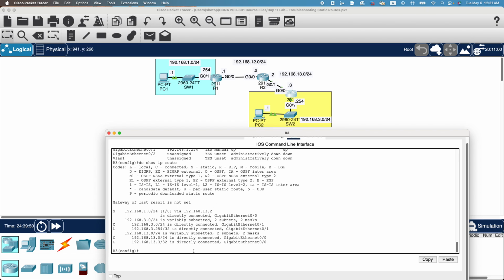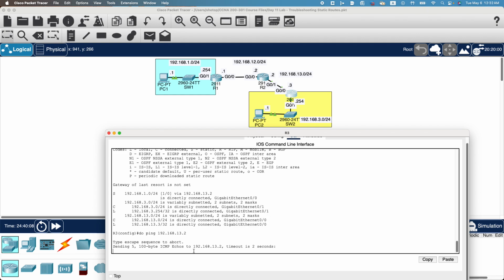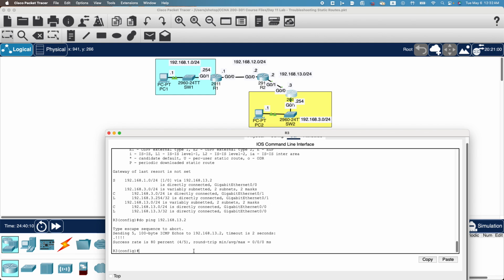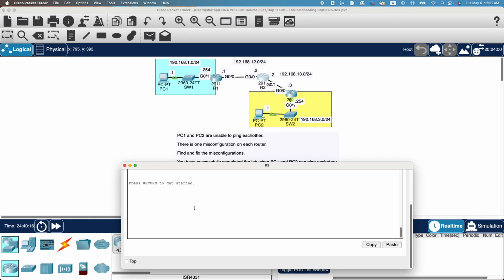Can you now ping? Do ping, hello, where are you? Do ping 192.168.13.2. That is good. That's very good. Now, can R2 ping you? I bet they can all communicate now.